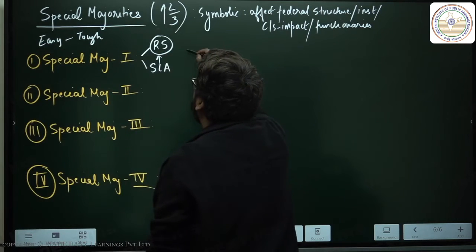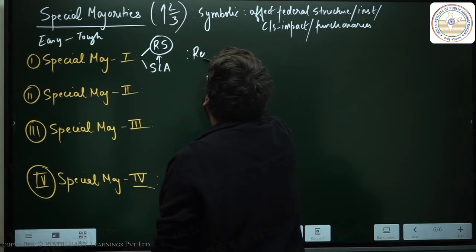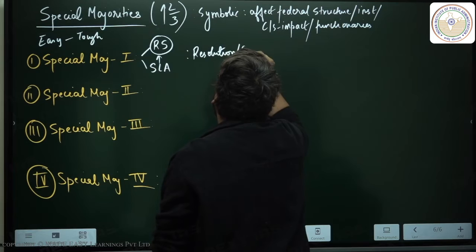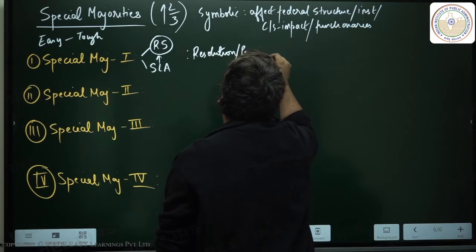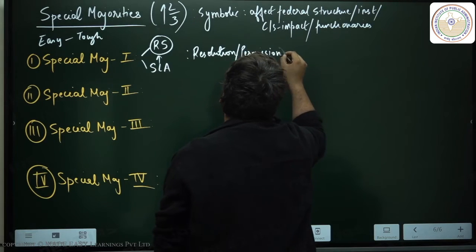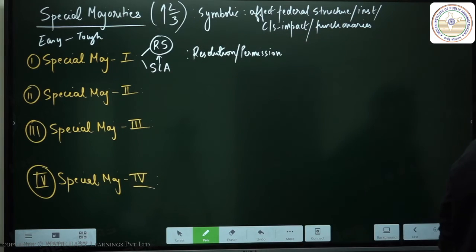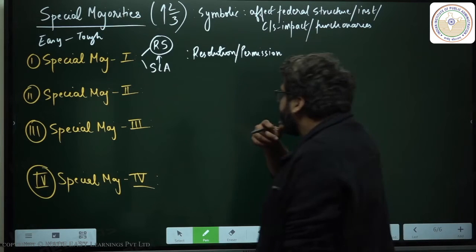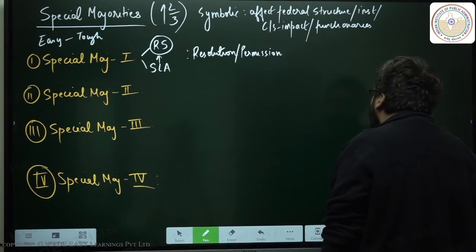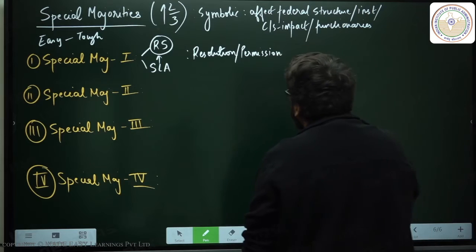इस मेजॉरिटी को हम प्यार से रेसोल्यूशन मेजॉरिटी या परमिशन मेजॉरिटी भी कहते हैं. राइट, नाउ लेट्स अंडरस्टैंड ये कहां इस्तेमाल होती है, कैसे इस्तेमाल होती है.